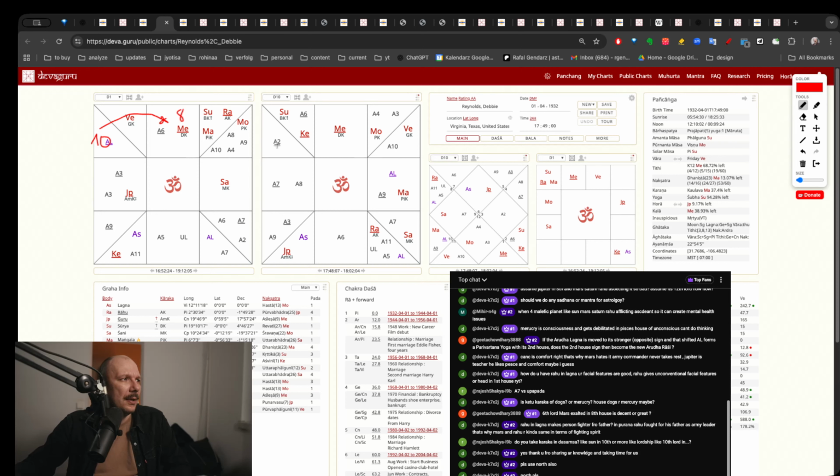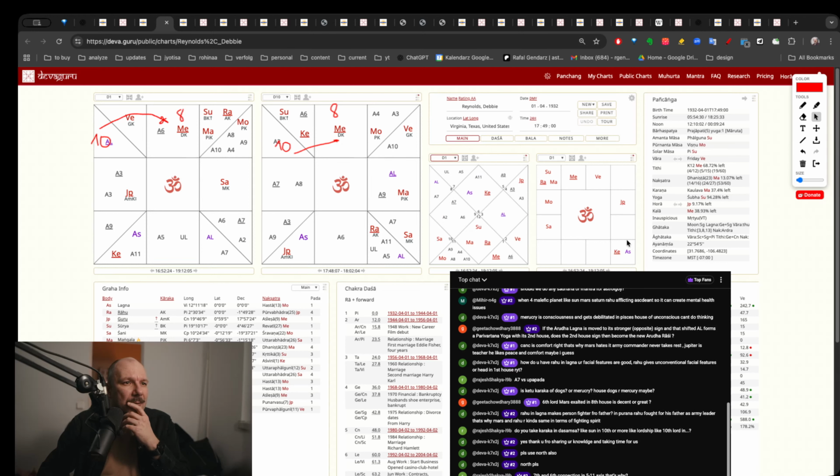You see it in the Dashamsa the same, 10th Lord in the 8th. No. But also, this was a big challenge for her to pay off this debt. Very, very nice.